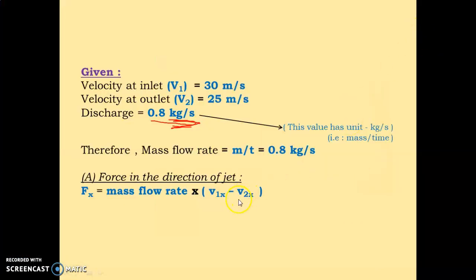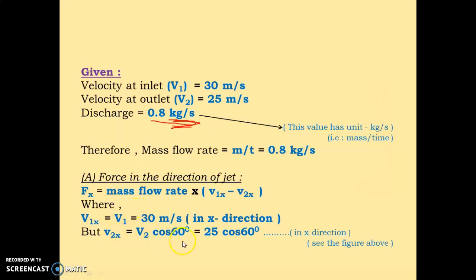The mass flow rate is 0.8 kg per second. The value of 25 cos 60 degree comes out to be 12.5 meters per second.